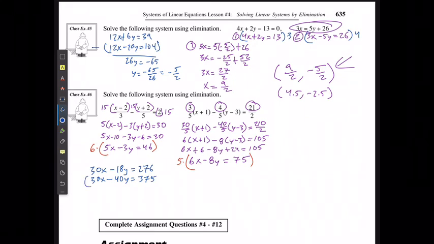And to eliminate, I'm going to subtract them from each other. The x's are going to cancel out, and if I have negative 18 minus negative 40, I'm going to have 22 y's. And 276 minus 375 is going to give me negative 99. y is going to equal negative 99 over 22, or I can divide the top and the bottom by 11 and say negative 9 over 2.